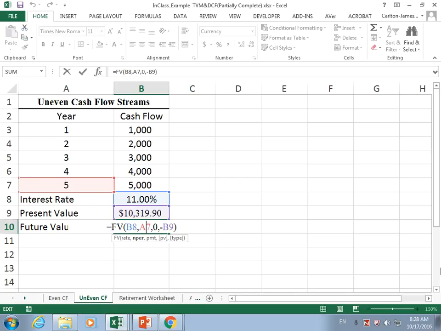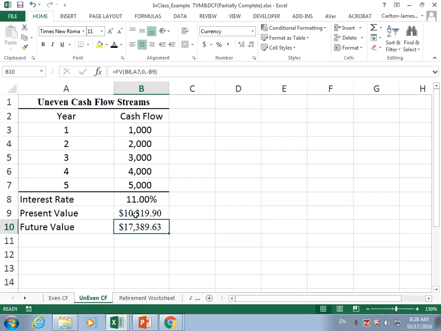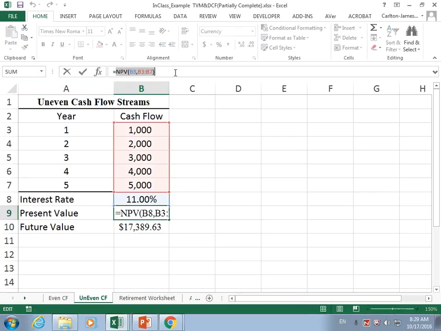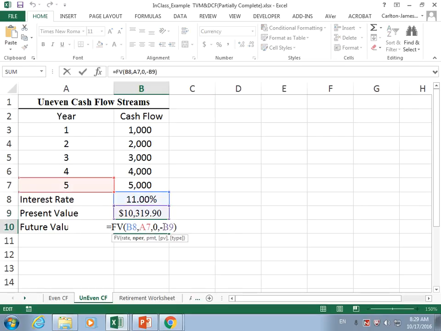Now, of course, if all you are interested in is the future value, and you have no interest in the present value, then instead of using this helper cell, and this helper cell is okay if you want, you could simply take this that you have here, and so instead of minus B9, you put that in here.